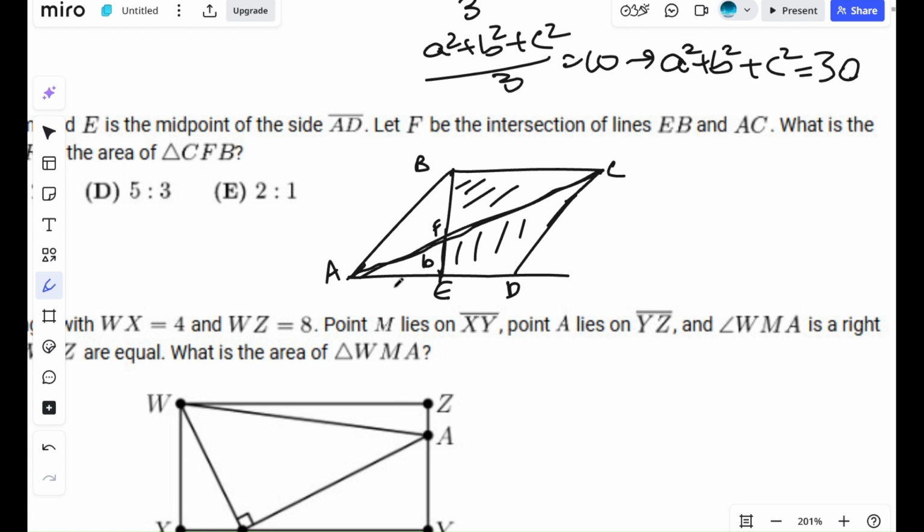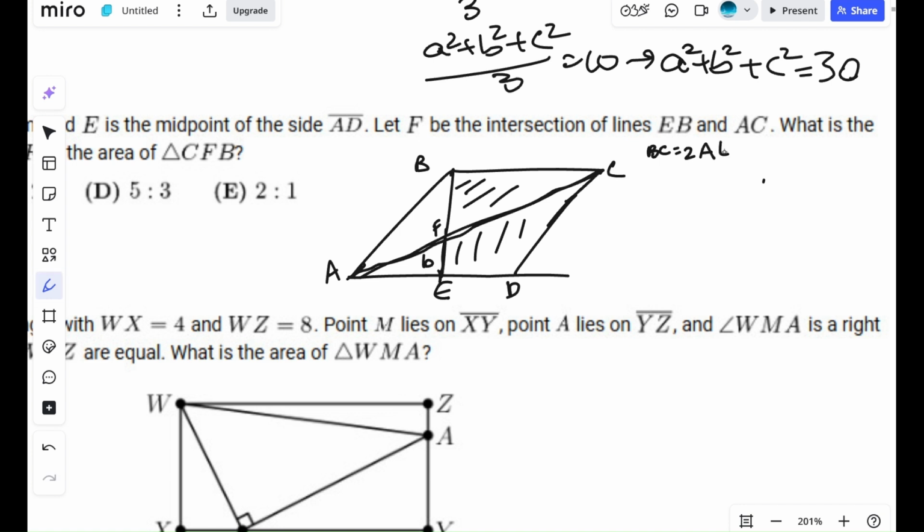So I also put a variable b, which signifies the area of triangle AFE, and we're going to try to write each of the regions' areas in terms of b. So first we see that E is the midpoint of AD. So that means that BC is equal to 2 times AE.